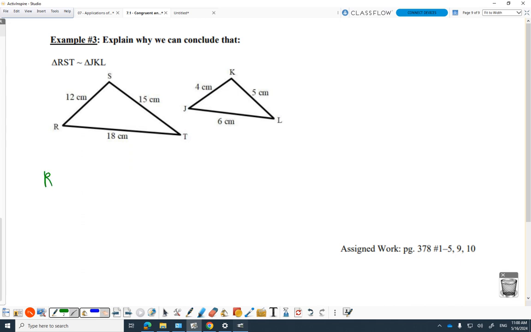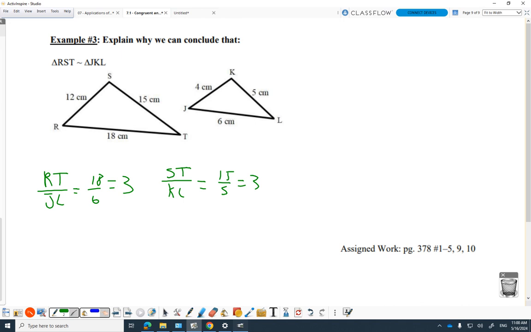RT over JL is 18 over 6, which is 3. So if these are similar, the multiplier must have been 3. Then the medium sides, ST over KL, 15 over 5, which is 3.